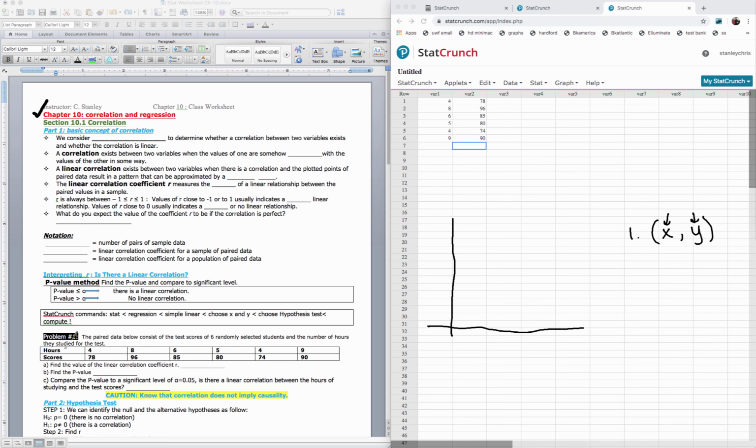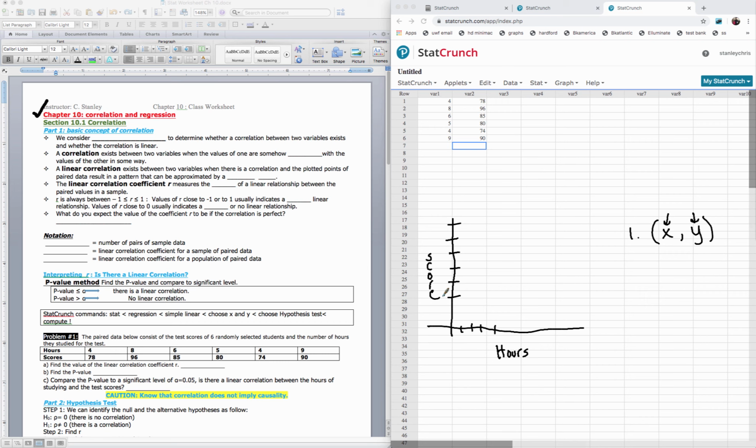As you can see here, we're going to do problem 1, which is hours and scores. The hours would be the hours studied, and the score would be the eventual score. So you get a 4 and a 78. So 1, 2, 3, 4, and let's go 50, 60, 70, 80, 90, 100.